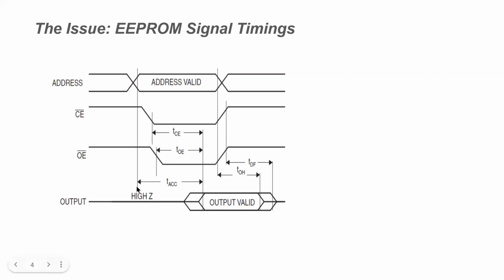As a comparison, the propagation delay for a typical logic gate is from 8 to 15 nanoseconds. So this time period for the EEPROM is 10 times or more the delay time of a normal logic chip.